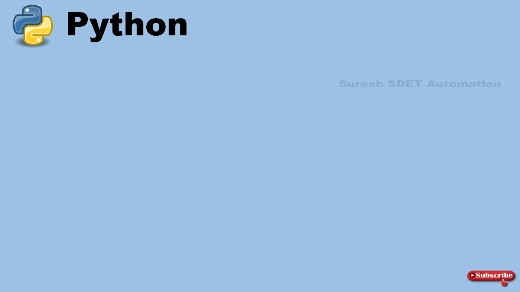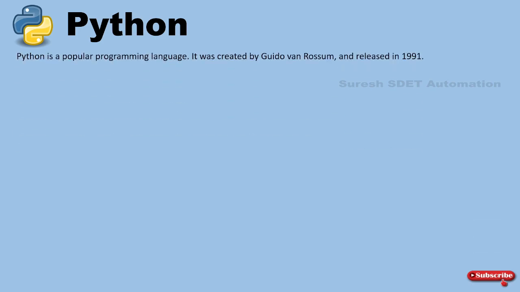So let's get started. We all know Python is one of the popular programming languages and it was created by Guido van Rossum. In 1991, the first version of Python was released, and Python is a high-level, interpreted, interactive and object-oriented scripting language. Python is designed to be highly readable.